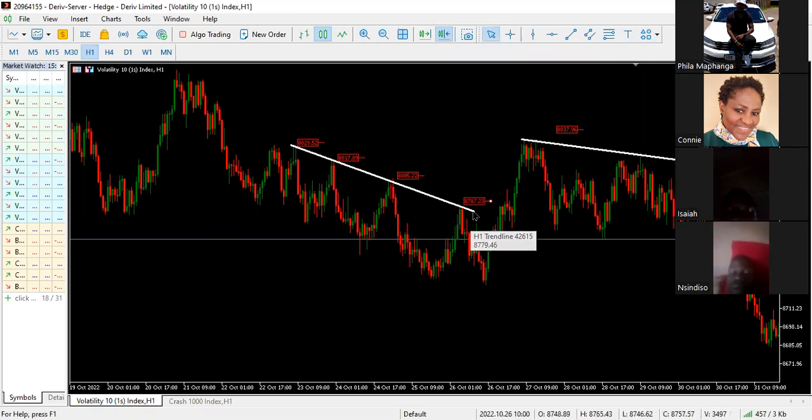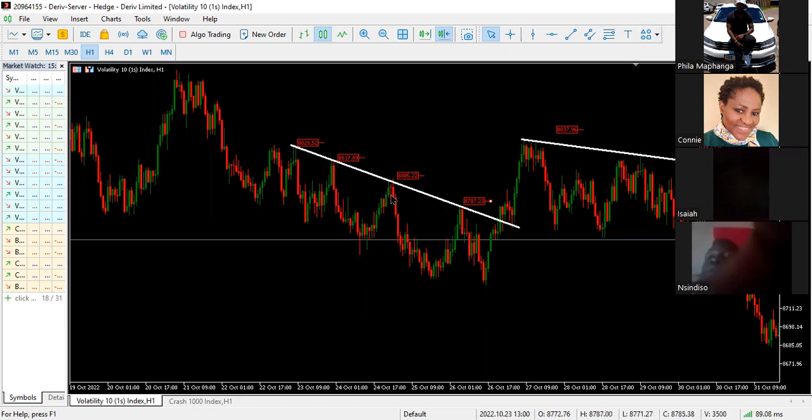And then if you were to extend this one, look at this. Remember, when we trade support and resistance, once a support is broken, it becomes a resistance. Once a resistance is broken, it becomes a support. Same thing applies here.